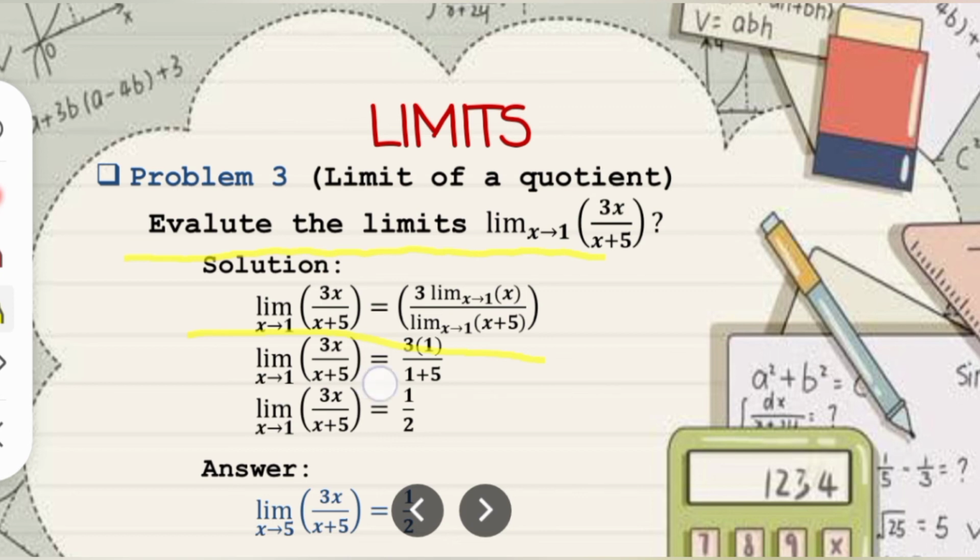So we get 3 times 1 over 1 plus 5, and we get 1/2 as the answer. So the limit as x approaches 1 of 3x over x plus 5 is equal to 1/2.